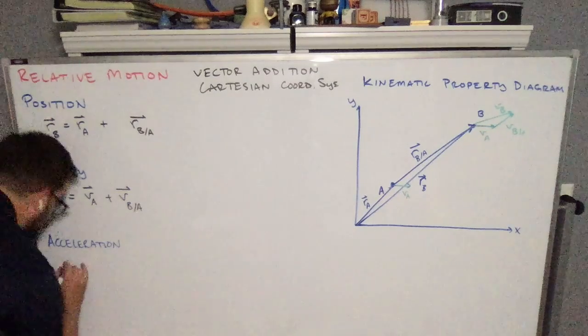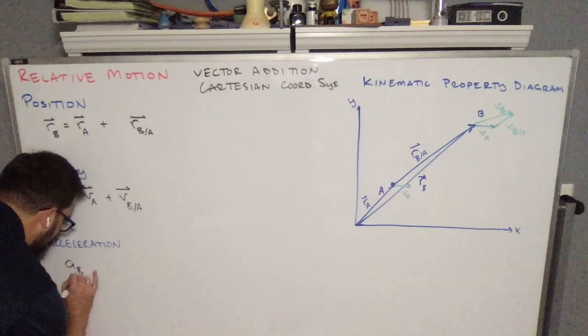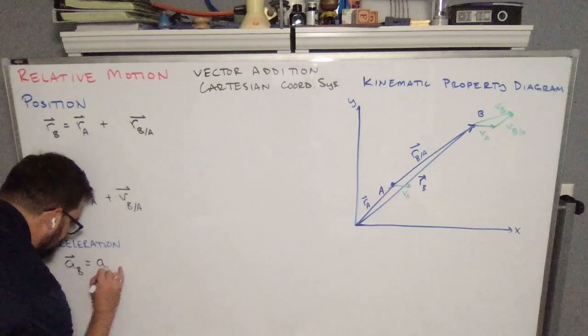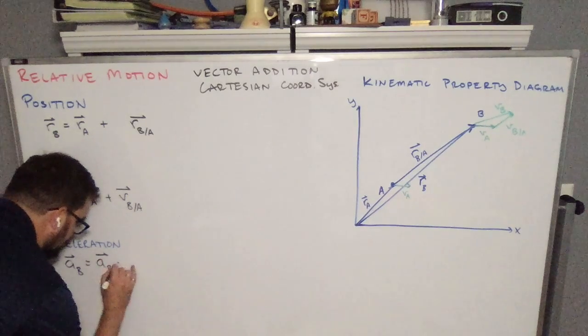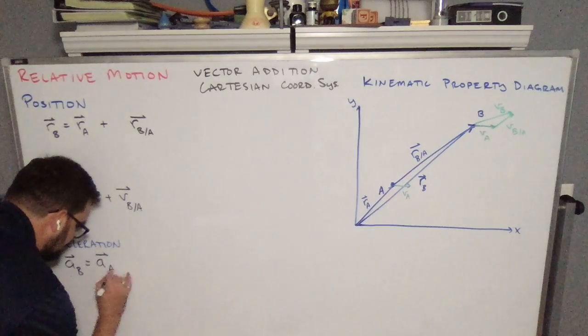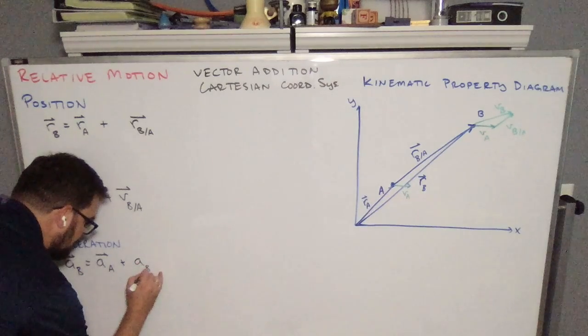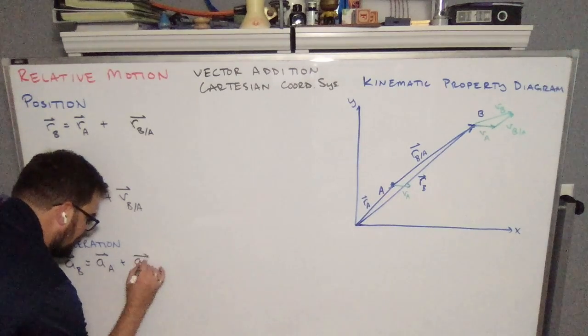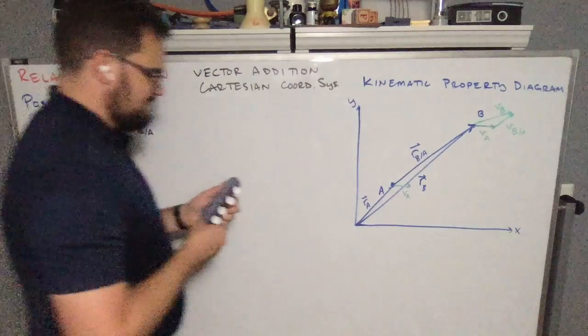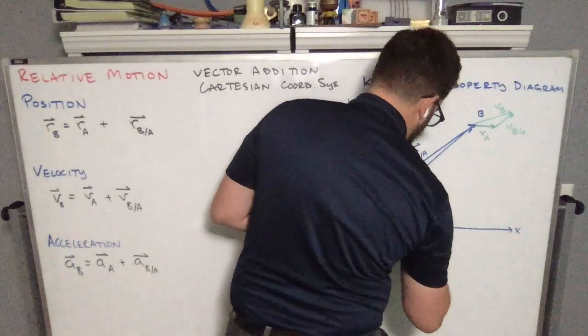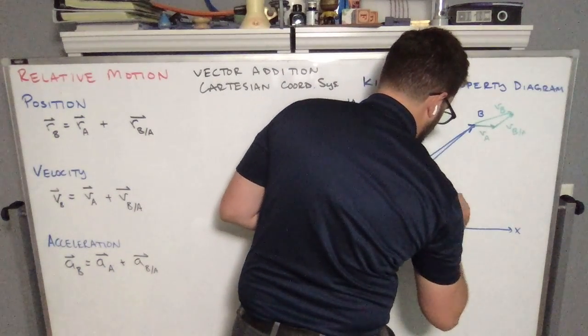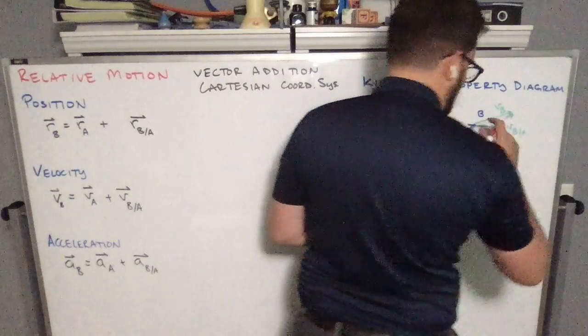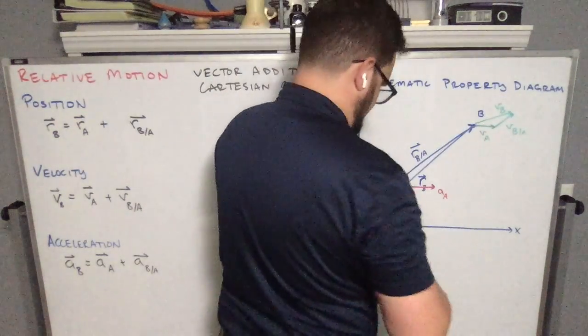We could do the same thing for our acceleration. The acceleration of B is equal to the acceleration of A plus the acceleration of B with respect to A. And so if we know the acceleration of A, we can do something like this. I'm going to erase my velocity. Well, actually, I'm just going to do a different one.